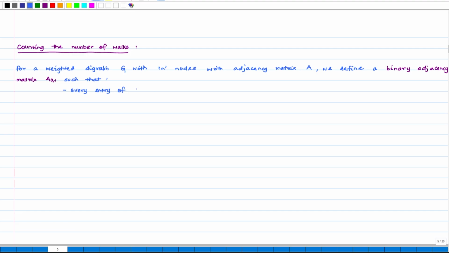every entry of A01 is either 1 or 0, and A01 ij is equal to 1 only when there exists an edge from i to j.